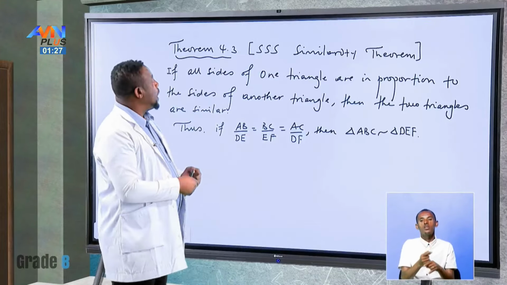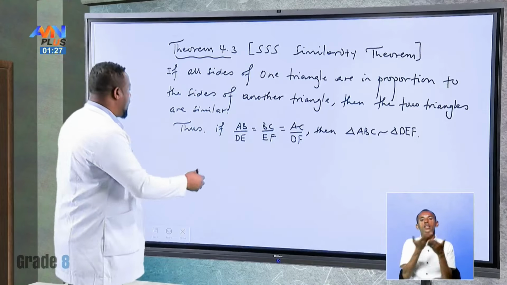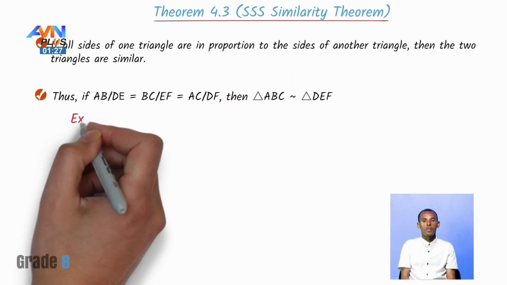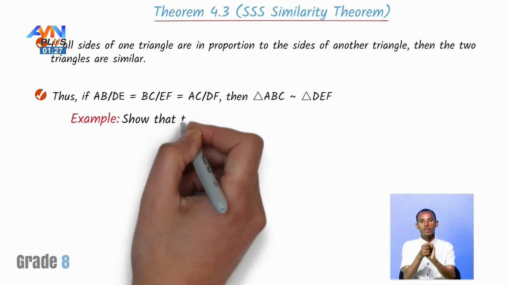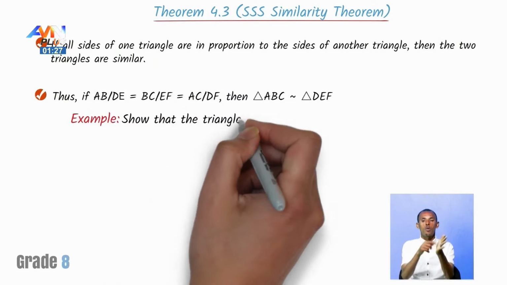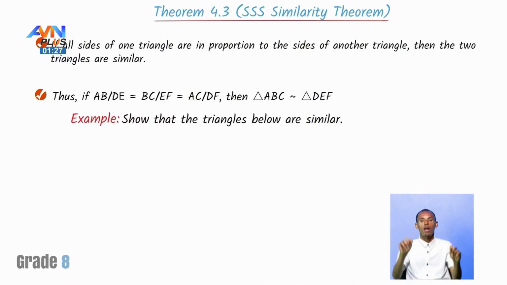So to explain this using an example, let's see a simple case. Show that the triangles below are similar.